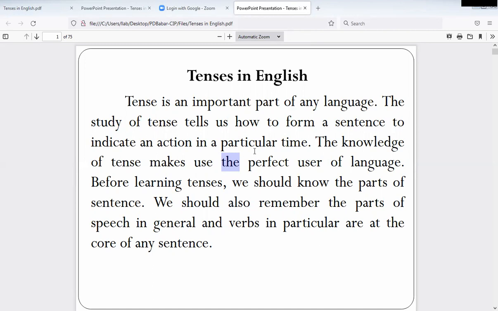So these are the four subtypes of tenses. Totally we have to study 12 tenses in this chapter, and we have to discuss the different structures regarding them.